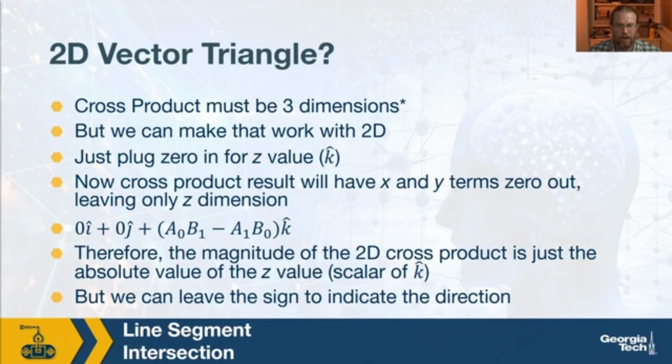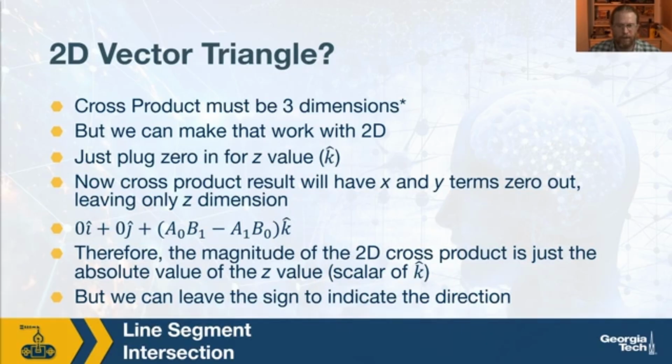Then when we perform a cross product with these two vectors that both have zeros for their z value, your x and y dimension terms, the unit vector i and unit vector j, will get zeroed out, and you'll only be left with your cross product either going up or down from the surface. And so everything is in that z value.